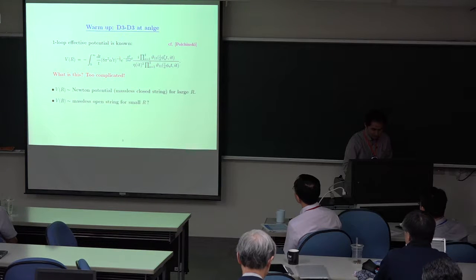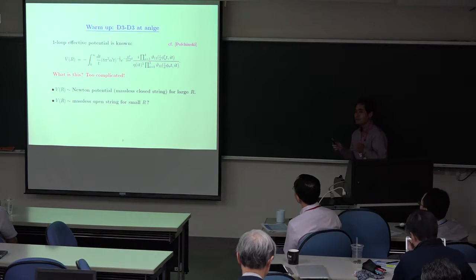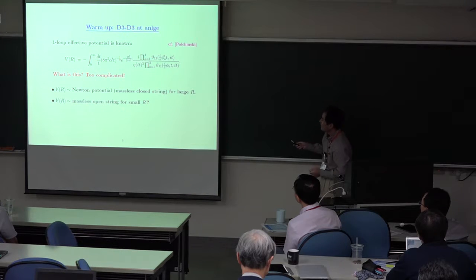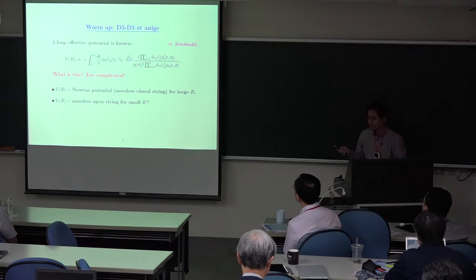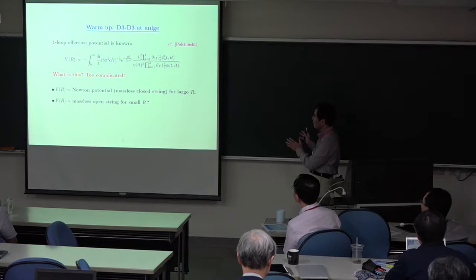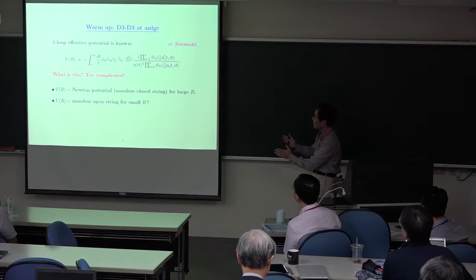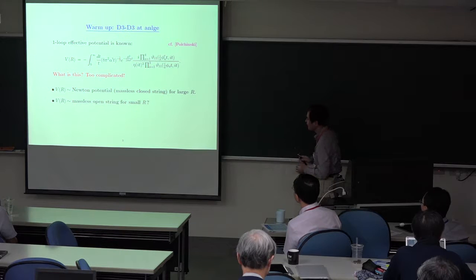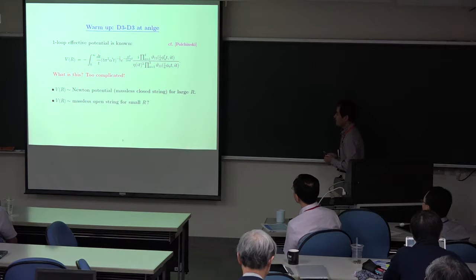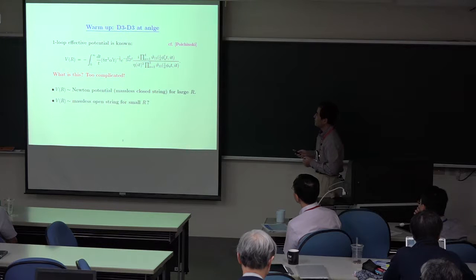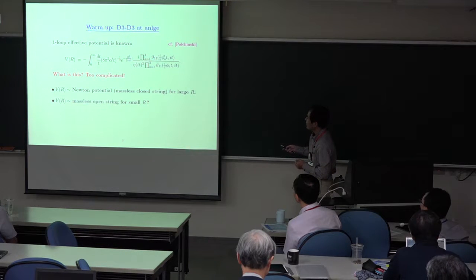Of course, we know something about this potential. For example, R is the distance between these two D-Branes, and if the distance is very large, then this potential approaches the usual Newton potential. Mainly we are interested in the potential where this distance is very small. One might think that in that case you can just take into account the contribution from the massless open strings.